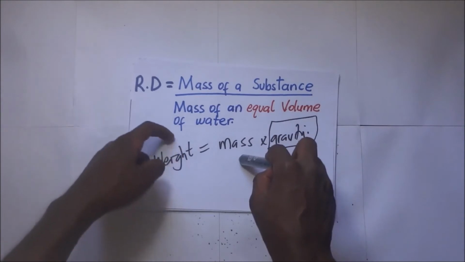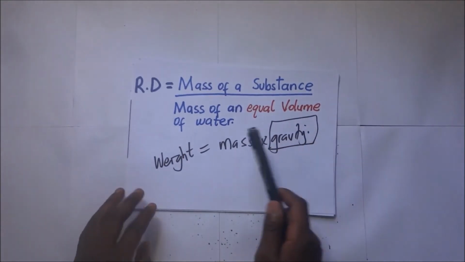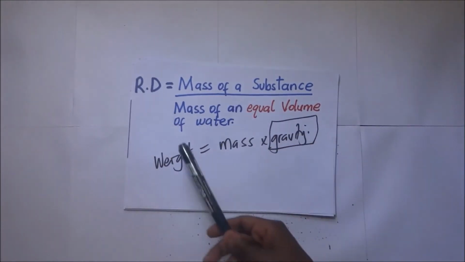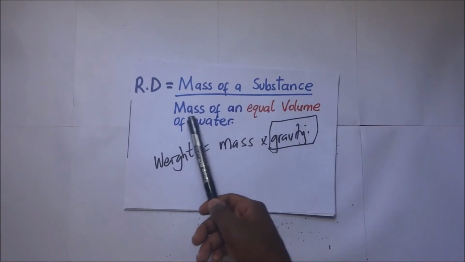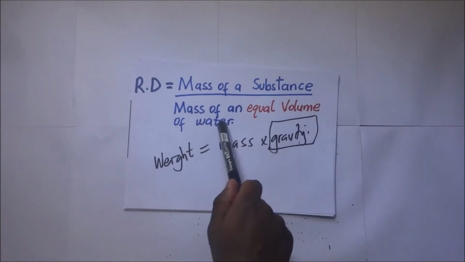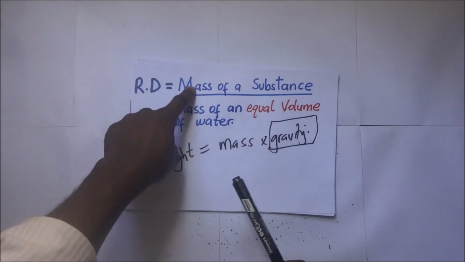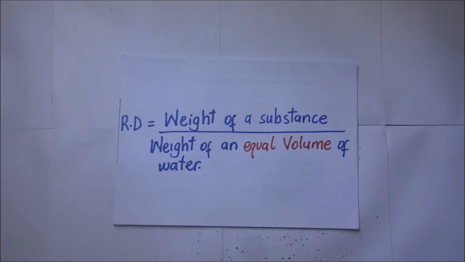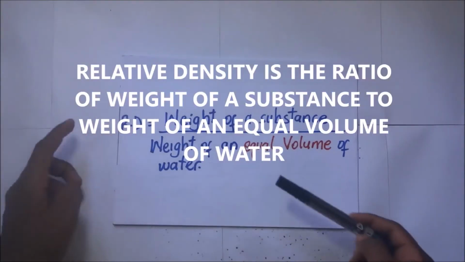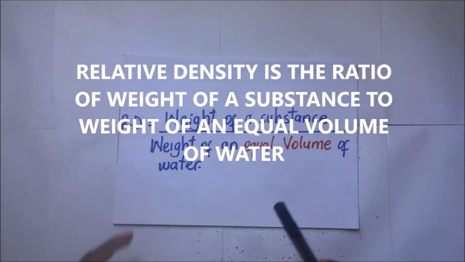The lower the mass, the lower the weight. So much as we are saying that relative density can be given as the ratio of mass of a substance divided by the mass of an equal volume of water, it means that in the place of mass we can also say relative density can be given as the ratio of weight of a substance to the weight of an equal volume of water.